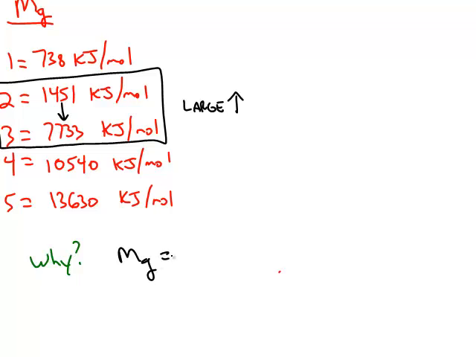Well, if you look at the electron configuration of magnesium, we have a neon core and then 2 electrons in the 3s. Taking away the first electron would be from the 3s orbital. Taking away the second would also be from the 3s orbital. And remember, those are valence electrons.